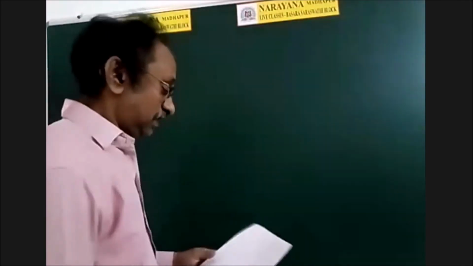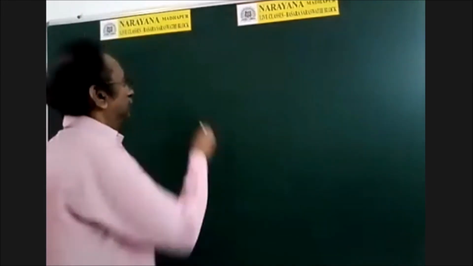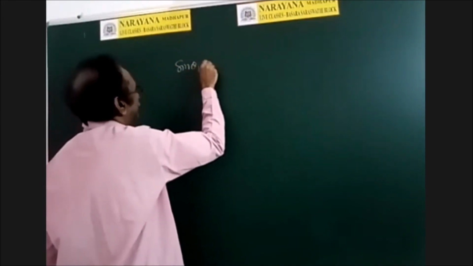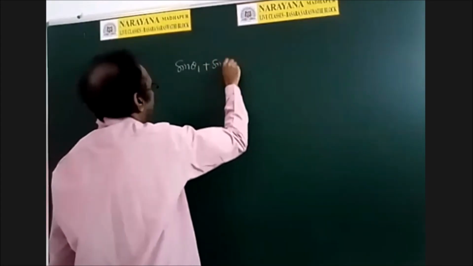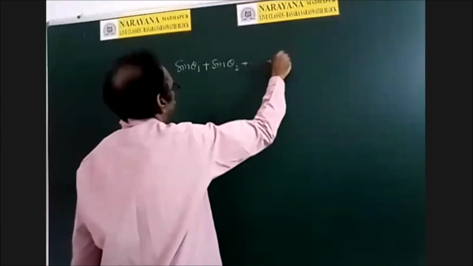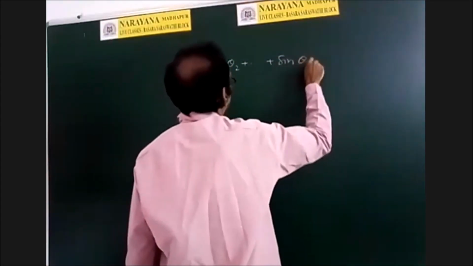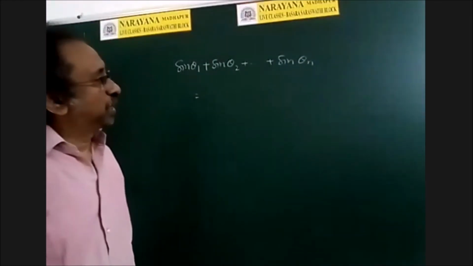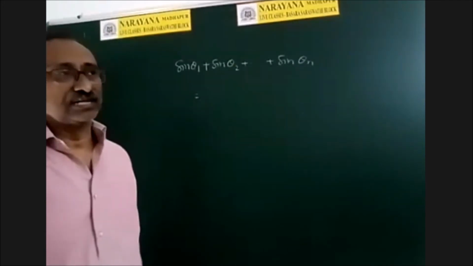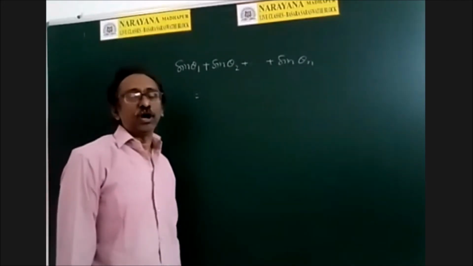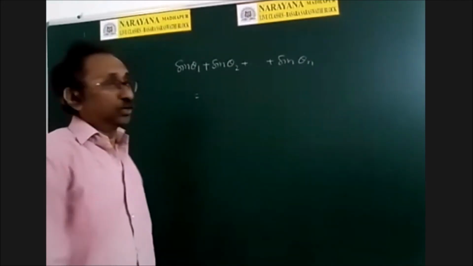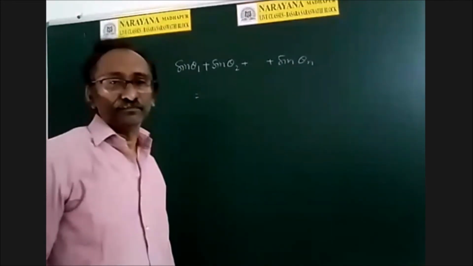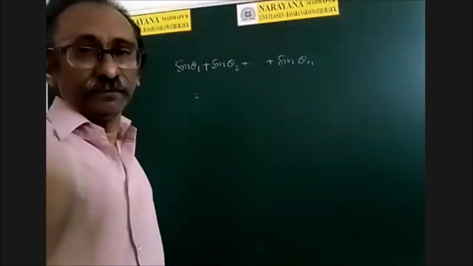Right. See, next one. I will remind you of one formula: sin theta 1 plus sin theta 2 and so on plus sin theta n. If theta 1, theta 2, so on theta n are in arithmetic progression with common difference d, can you give me the formula for this sum? This is another important one.